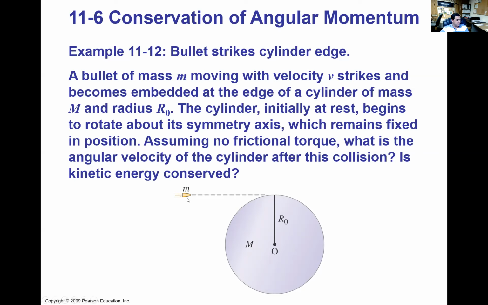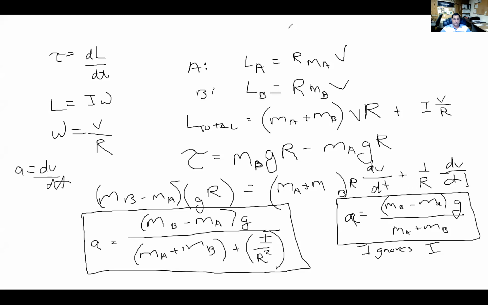Okay, let's take a look at this. I'm going to go to my whiteboard. Okay, so L is angular momentum, which is R crossed with P. So angular momentum is also R sub O times mv.